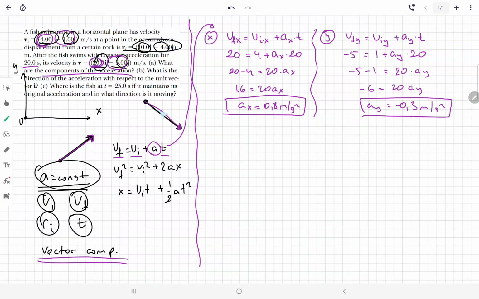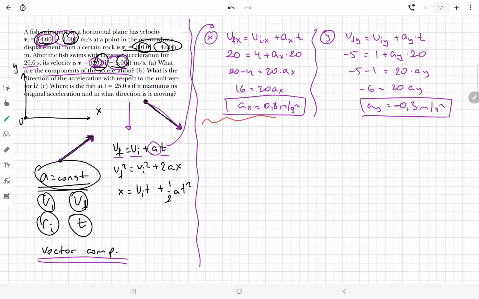After 20 seconds it will be going downward. It means we have a downward acceleration basically. So we expect a negative acceleration in the vertical direction logically. So I think we solved it in the correct way because our acceleration in the vertical direction is negative here.